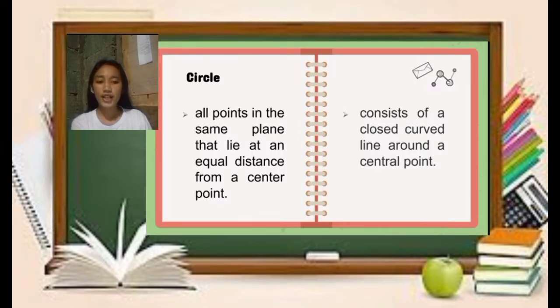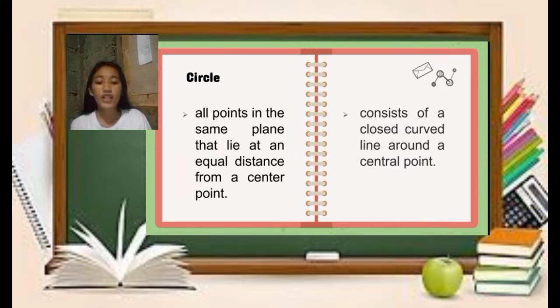When we see circle, it is all points in the same plane that lie at an equal distance from a center point. It consists of a closed curve line around a central point. In geometry, a circle is a perfectly round shape, meaning that any point around its curve is the same distance from a central point.